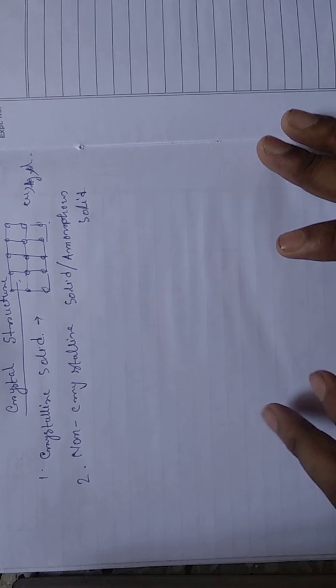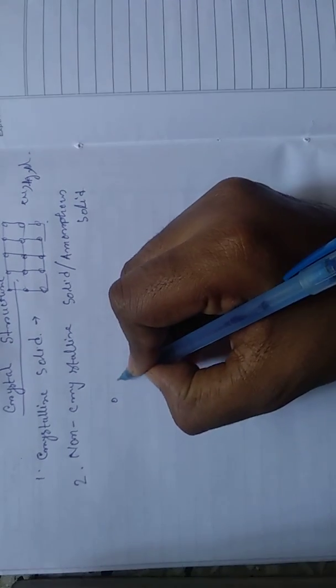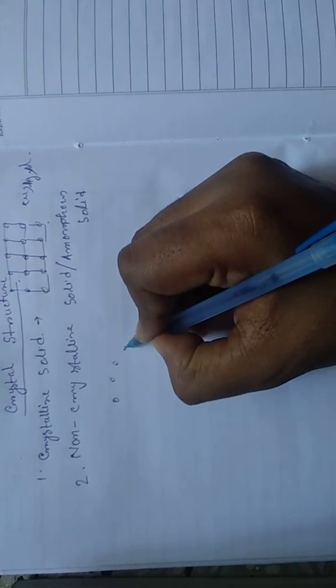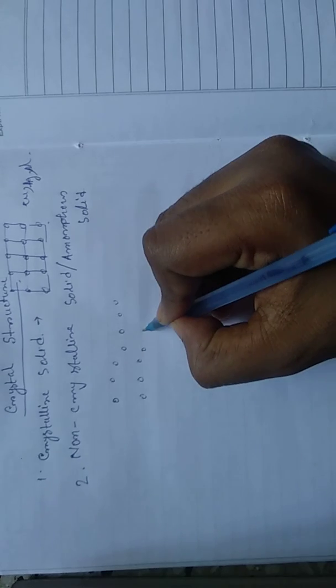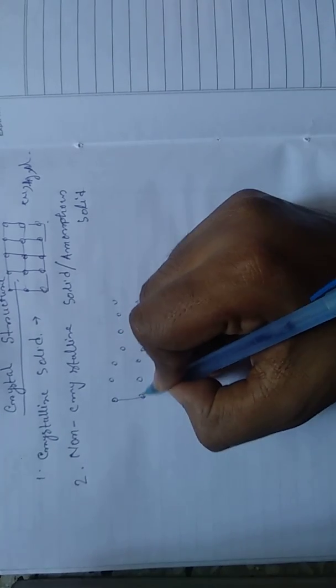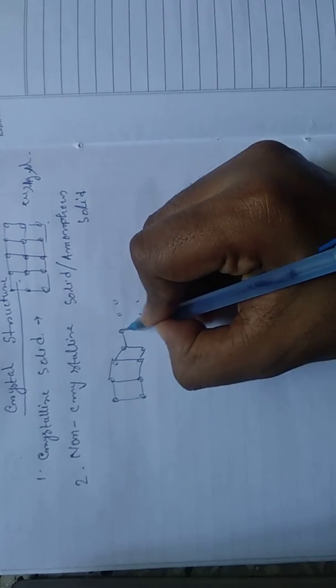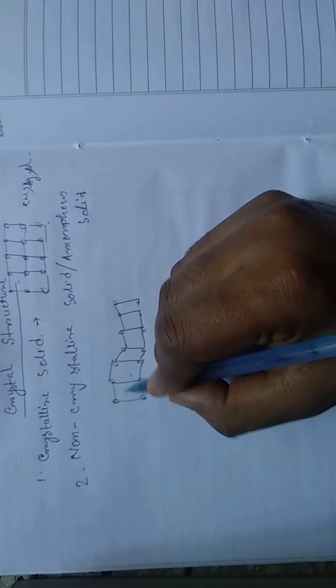Okay, and a non-crystalline solid, or amorphous type of material, is one where the particular arrangement is not maintained. The atoms are not arranged in an orderly manner, but are basically randomly distributed. They follow no particular arrangement, so the atomic arrangement is different from structure to structure.